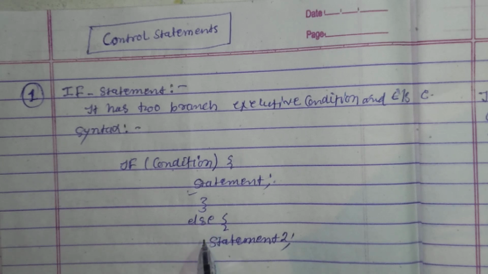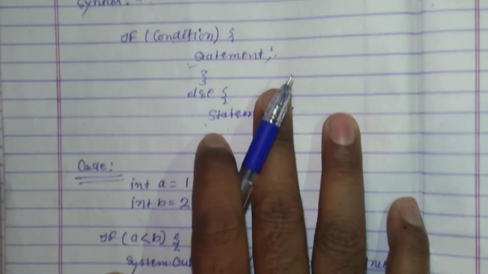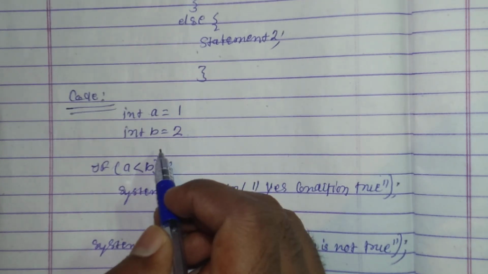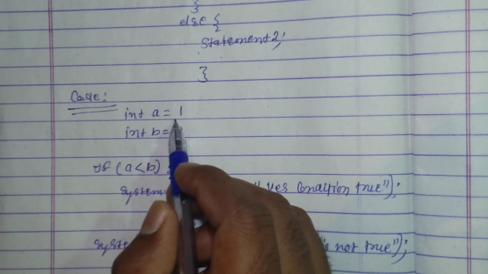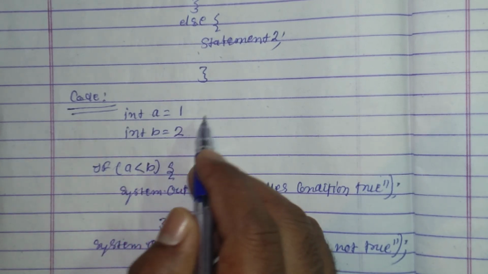Let's see it in code. There you will understand more easily how to write the code and how to execute the program. So I have written a code. I have taken an int a assigned to 1 and an int b assigned to 2.